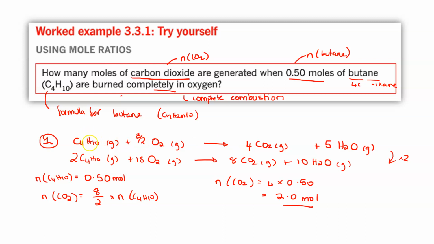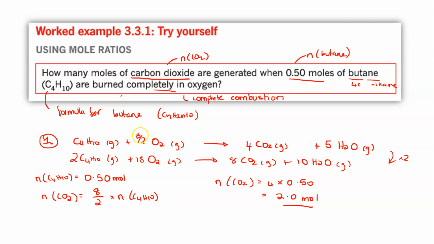Then I'm going to take my number of hydrogens, divide by 2, and make that the coefficient of the water. So H10 becomes 5H2O. When I add this up, I get 5 oxygens from the water and then 8 from the CO2, which means I need 13 oxygen atoms. So that's going to be 13 on 2 O2 molecules.